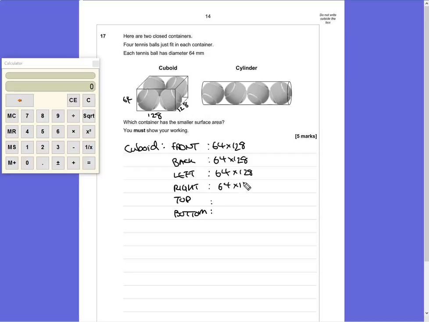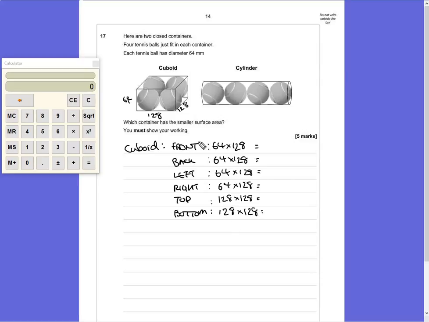Both the left and right are identical. To find the area at the top and the bottom of the cuboid, we use the width, which is 128, and the depth, which is also 128, to give us 128 multiplied by 128, and the bottom must also be the same.